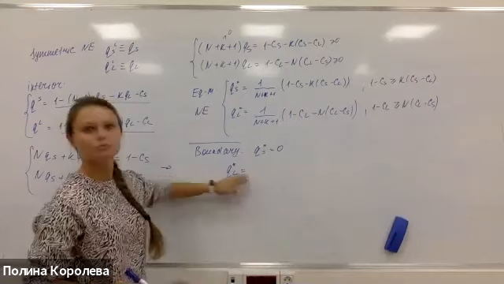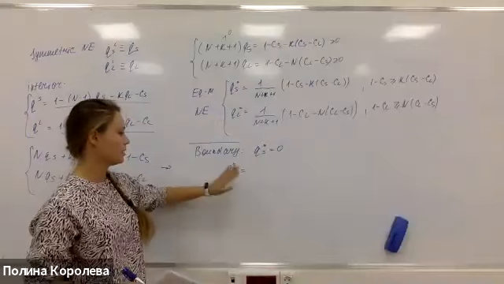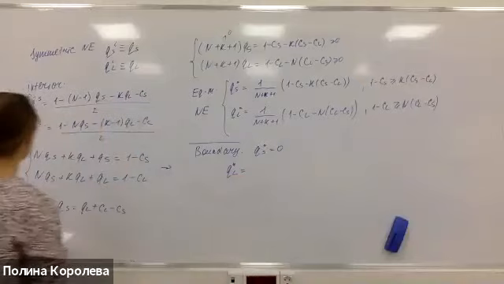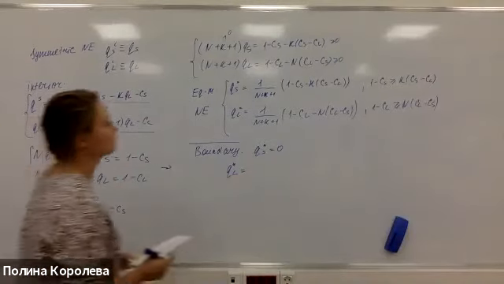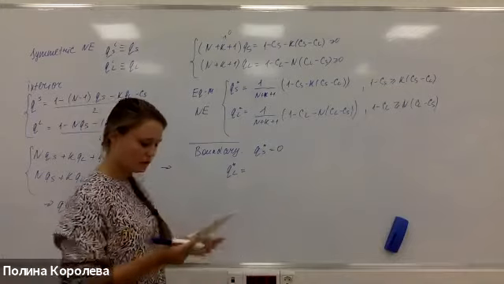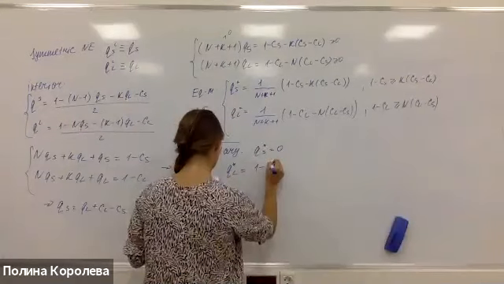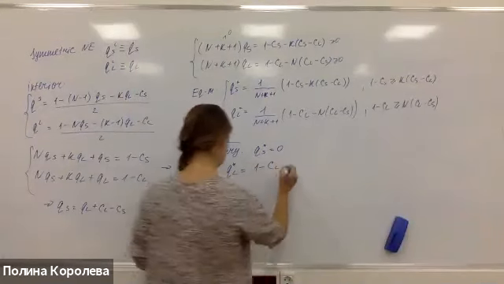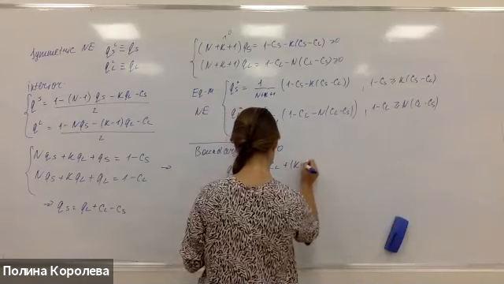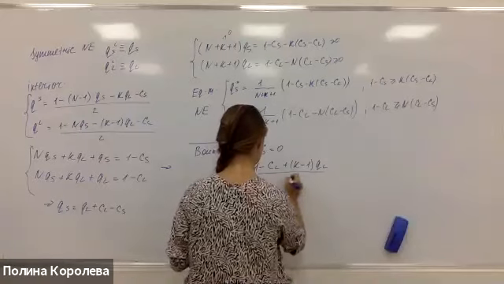We will find it from the best response for large firms, sorry. From the best response. Let's see. I erased it, yes. So from the best response, it will be 1 minus C large plus K minus 1 quantity of large firm, divided by 2.